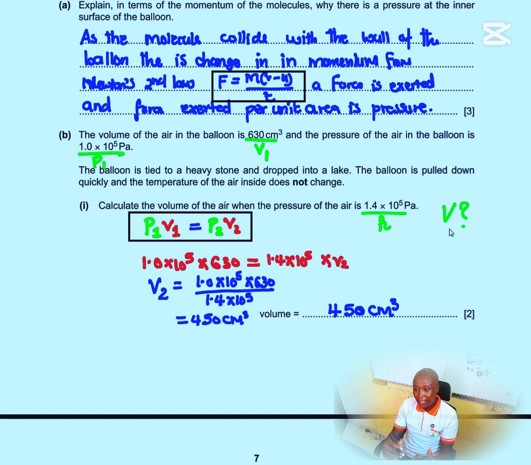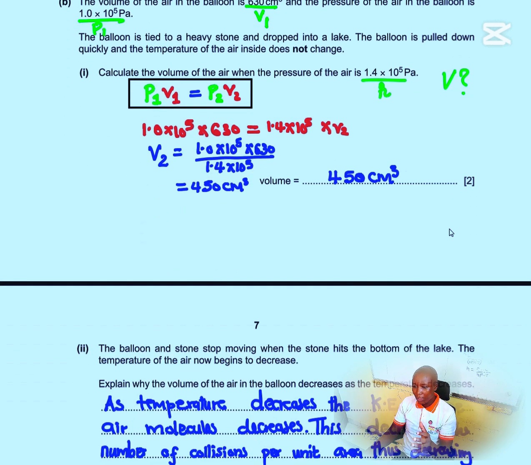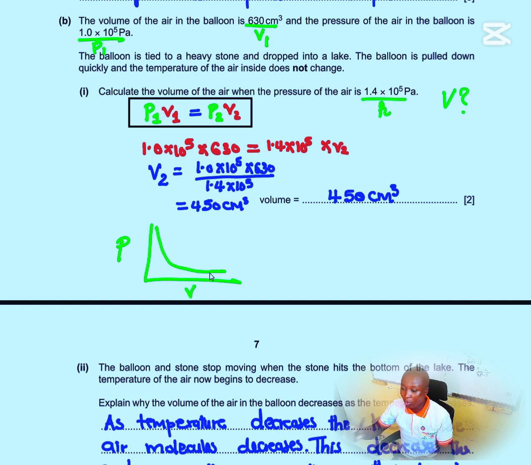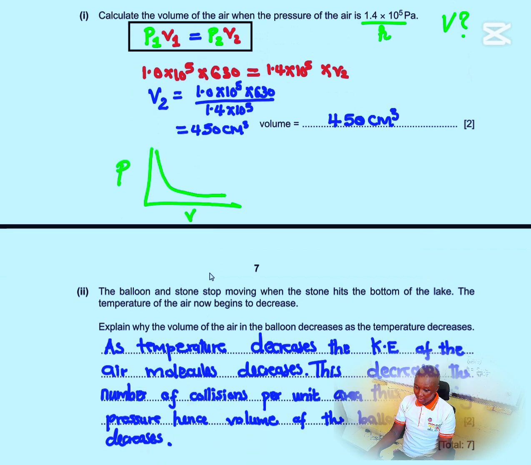As pressure increases, volume decreases, so pressure is inversely proportional to volume. Sometimes you will be told to sketch that graph.